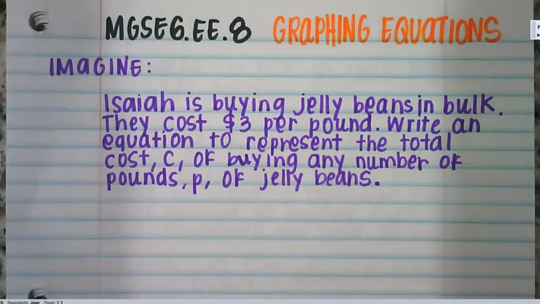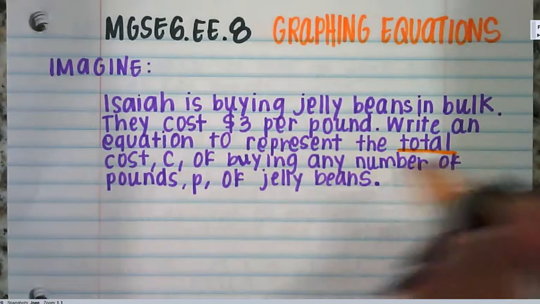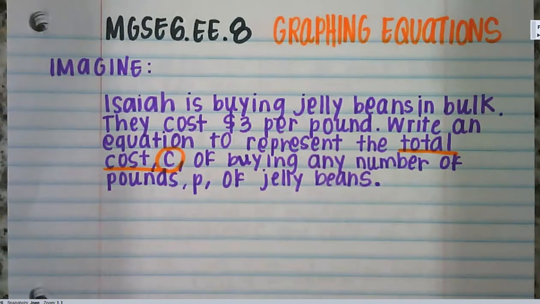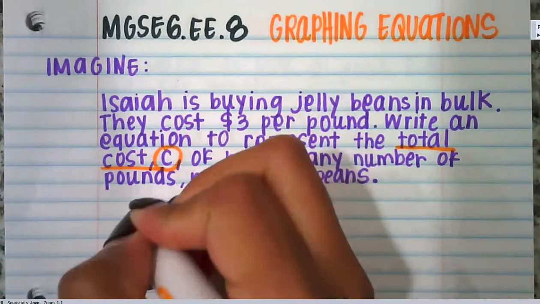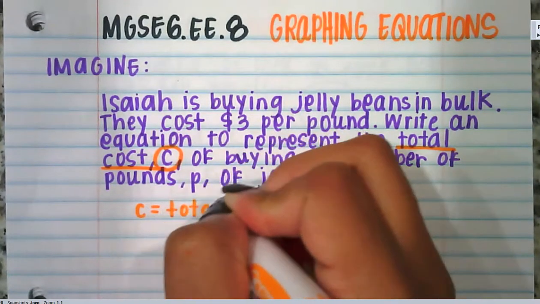So let's dissect this information. Let's figure out if we know what this is talking about. The first thing I saw was these variables. Total cost C. That looks like some information we need to remember. So C is equal to total cost.